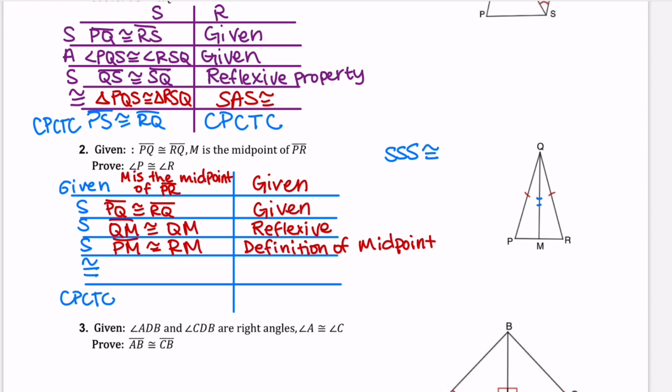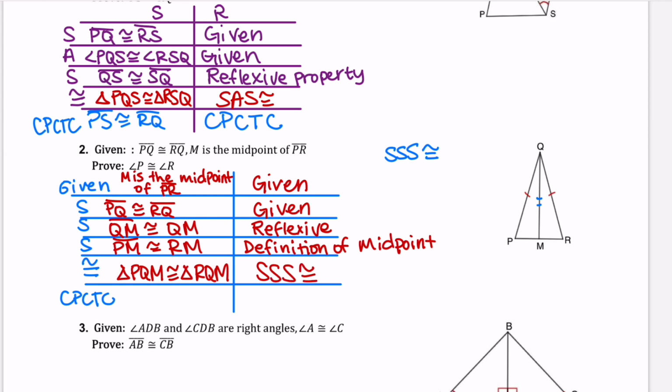The last one, we're going to write our congruent statement. We're going to say that triangle PQM is congruent to triangle RQM. And just go in the same order. P goes to Q to M is the same as R, Q, M. And then that would be because of this side, side, side congruency.